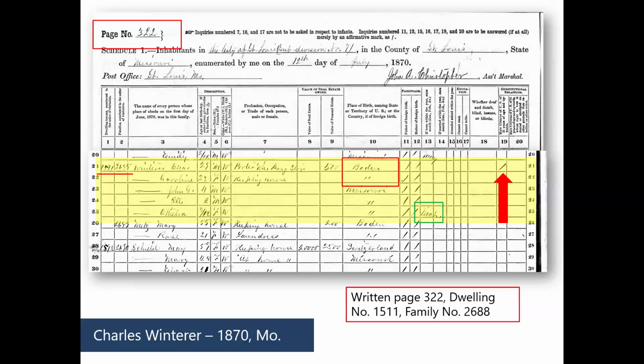This column is asking whether or not he can vote. If he's over 21, can he vote? If he can, they were told to put a mark. What this tells me is that Charles, who was not born in the United States but is allowed to vote, has become a naturalized citizen by 1870.